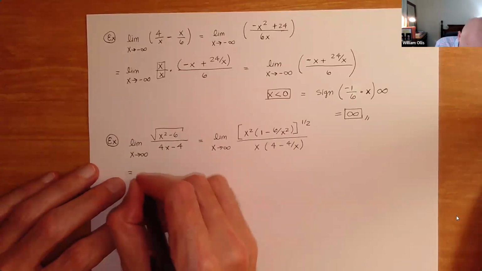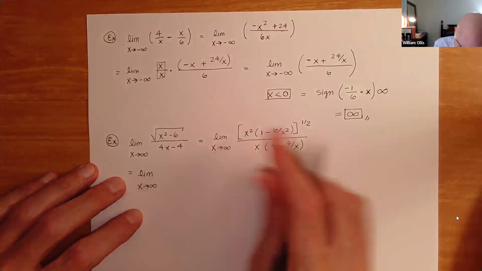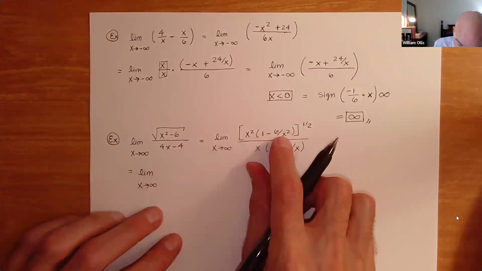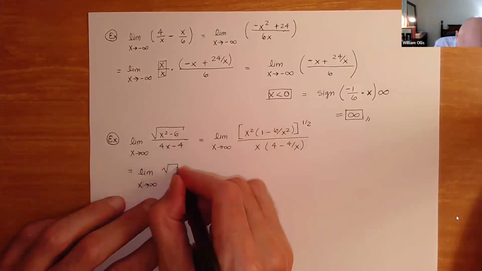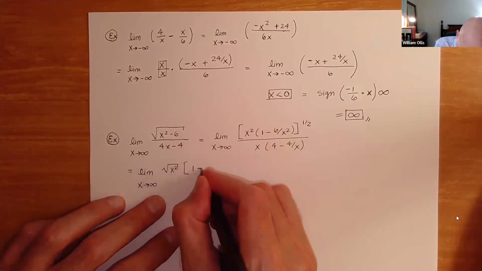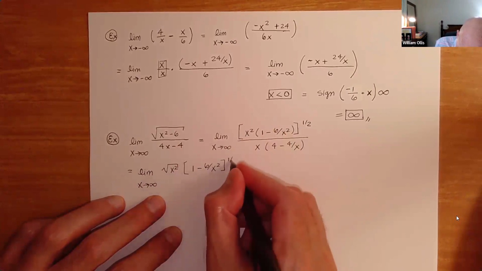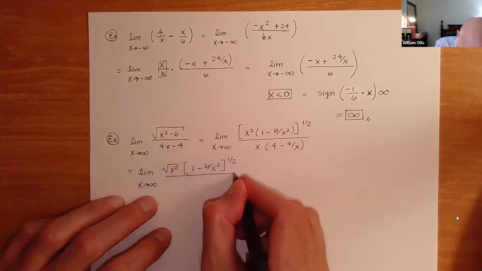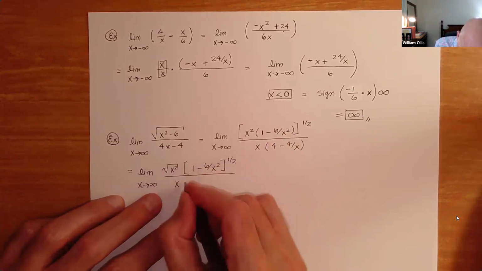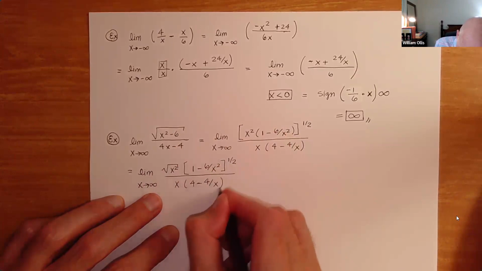And this will give us the limit as x approaches infinity. And now, of course, the square root of the product will give us the square root of x squared, and then the square root of 1 minus 6 over x squared, to the 1/2 power. And then, of course, we have the x times the 4 minus 4 over x.